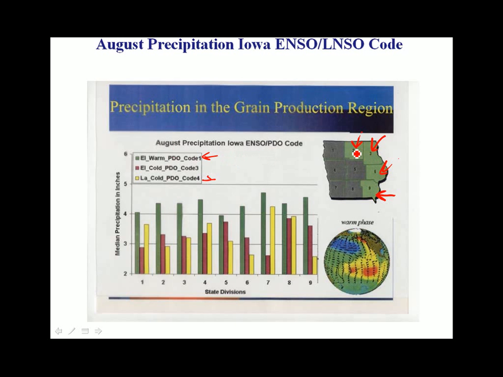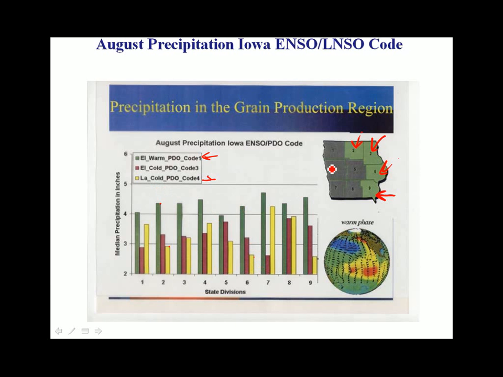Look at Division 2: 4.25 it looks like during an El Nino warm event PDO, and for the La Nina cold PDO it was less than 3. So there was a statistically significant difference between the warm event and the cold event. If we look at 6, we see the same thing. The El Nino and the PDO warm event, precipitation about 4.25. During the La Nina and cold event, about 2.75.